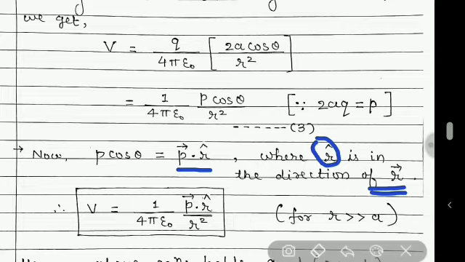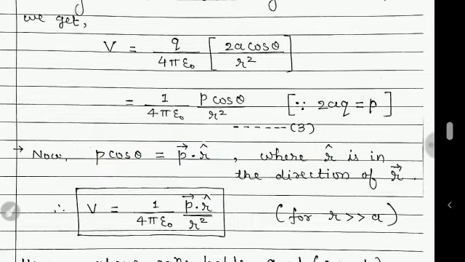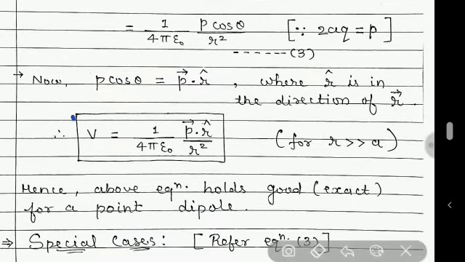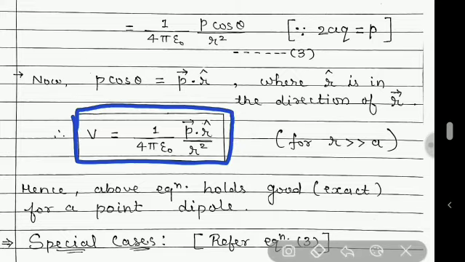So now replacing p cos theta with vector p dot unit vector r, we get the next step, which is the general equation of potential due to an electric dipole. But remember, this equation is used only when this distance r is very much greater than a.